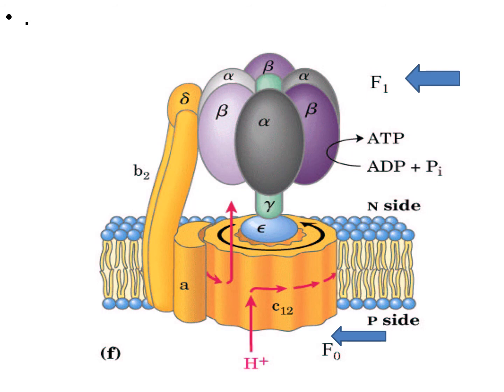FADH2 oxidation leads to pumping 6 protons: 4 from complex 3 and 2 from complex 4. Because FADH2 enters the respiratory chain through complex 2, it skips complex 1. When it enters complex 2, it donates its electrons to this complex, which does not pump any proton.